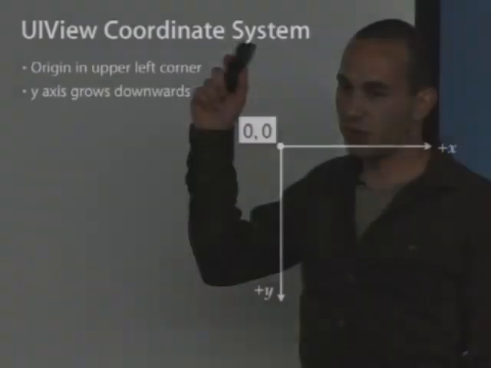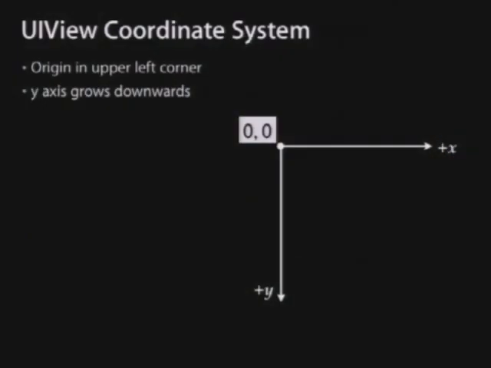So now here's the other point I wanted to make, which is the coordinate system for UI views is that 0, 0 is in the top left corner. A lot of desktop systems do this so that origin is down the bottom left, and that has its advantages and disadvantages. I love this.